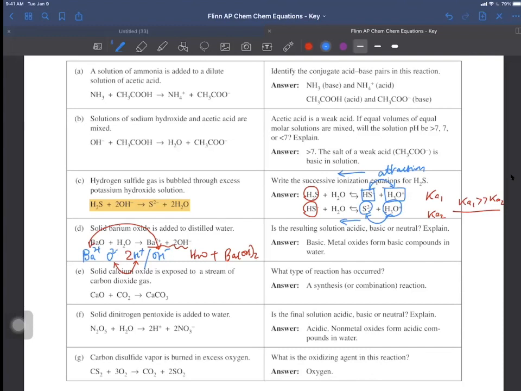I think it's between S2- and H+ that is stronger. Why? Because K2 is smaller than K1.